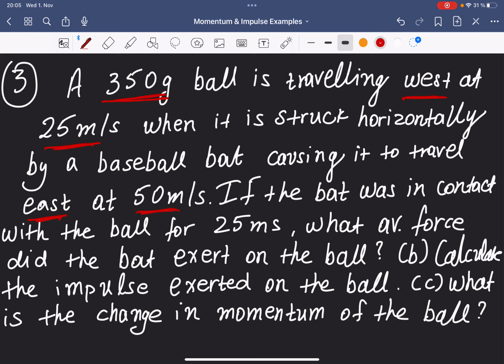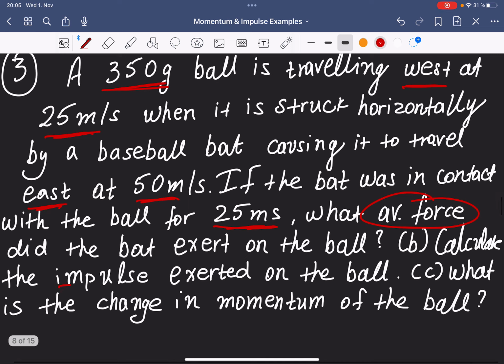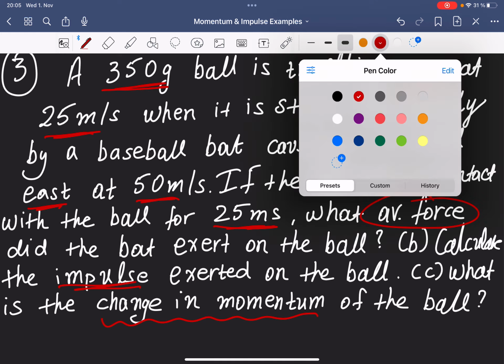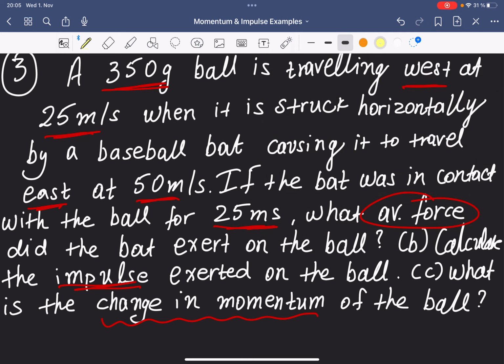If the bat was in contact with the ball for 25 milliseconds, what average force did the bat exert on the ball? B. Calculate the impulse exerted on the ball. C. What is the change in momentum of the ball? Okay, so it looks quite long, and let's write down all the information we have.